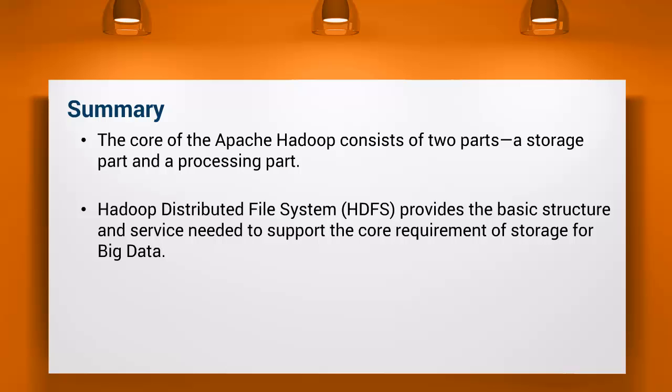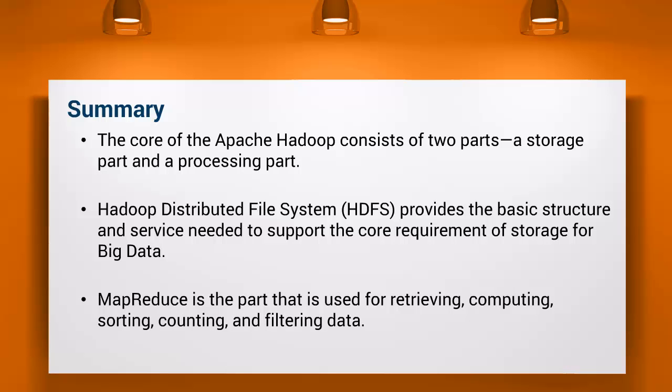Hadoop Distributed File System, HDFS, provides the basic structure and service needed to support the core requirement of storage for big data. MapReduce is the part that is used for retrieving, computing, sorting, counting, and filtering data.